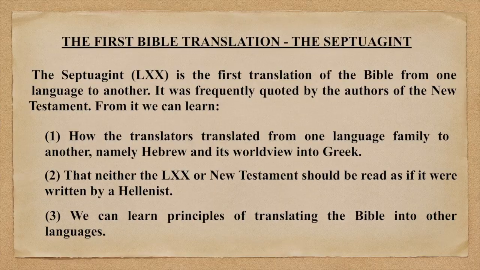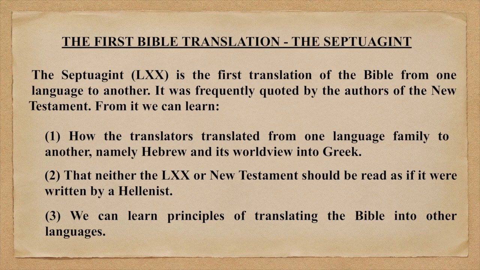Alrighty, let's move on. The first Bible translation, the Septuagint. The Septuagint, abbreviated as LXX, is the first translation of the Bible from one language to another. It was frequently quoted by the authors of the New Testament.